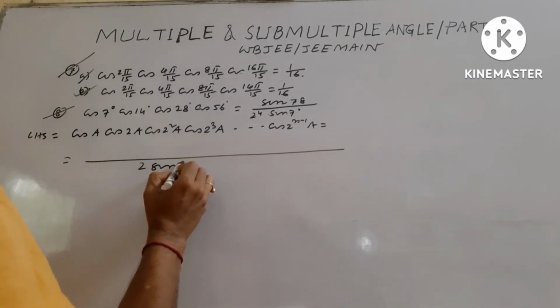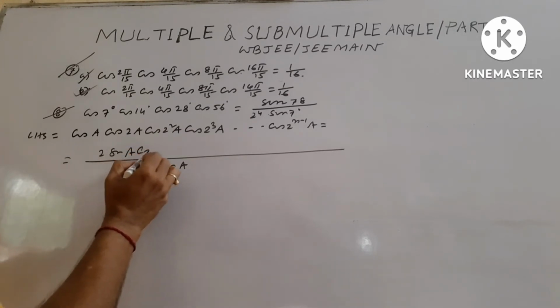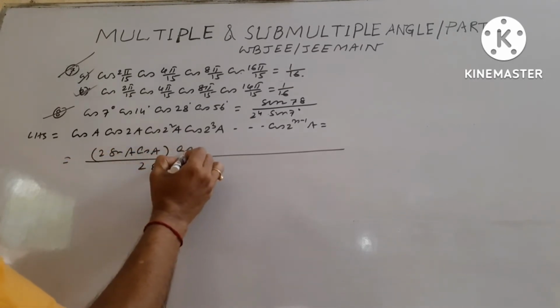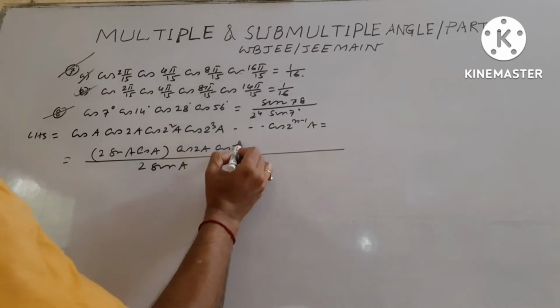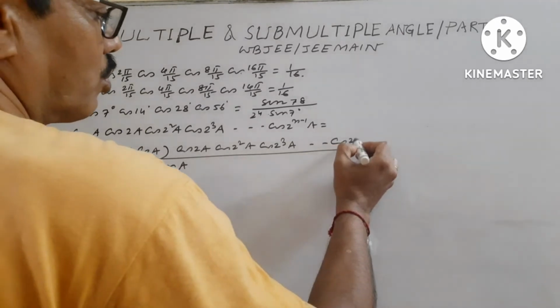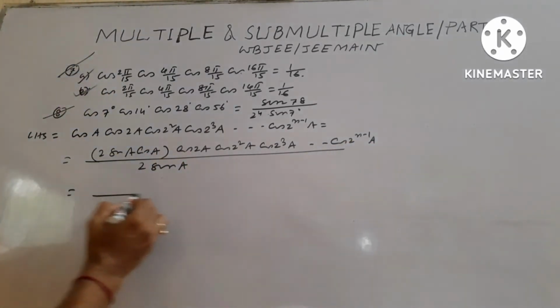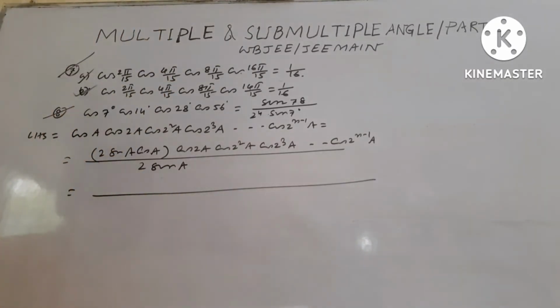As earlier, we multiply the denominator by 2 sine of the least angle. What is the least angle? A. So 2 sine A cos A, cos 2A, cos 2 square A, cos 2 cube A, up to cos 2 to the power n minus 1 into A. Now look at this step.